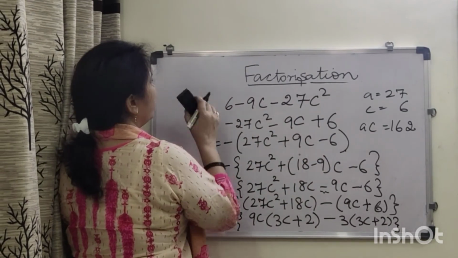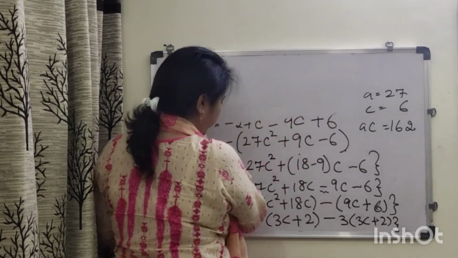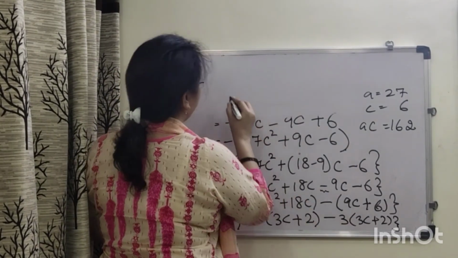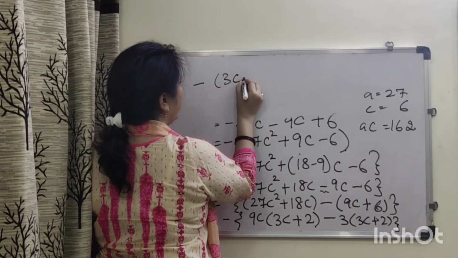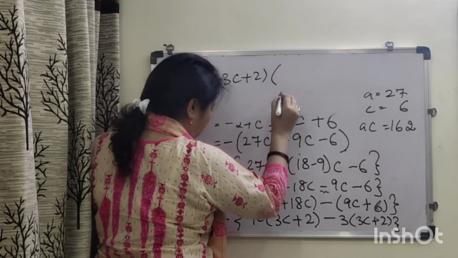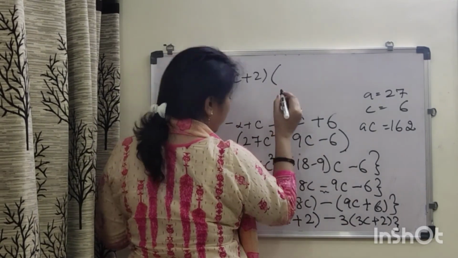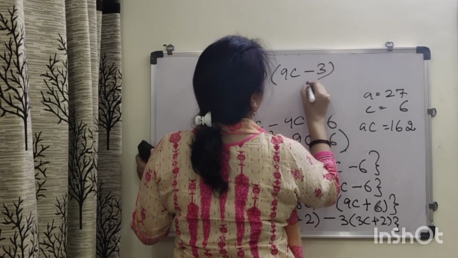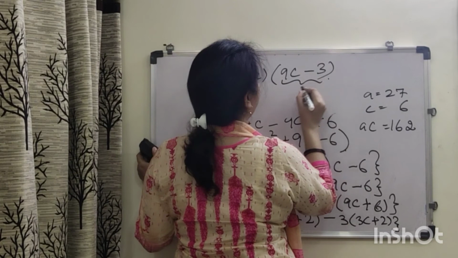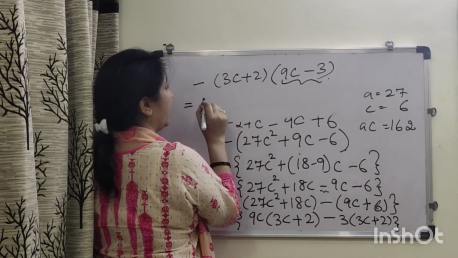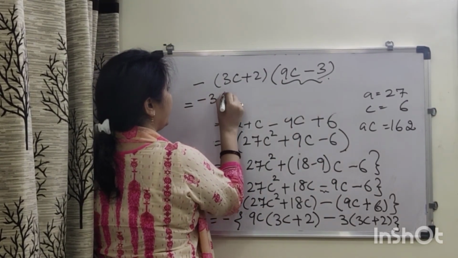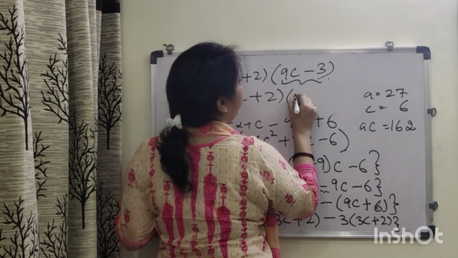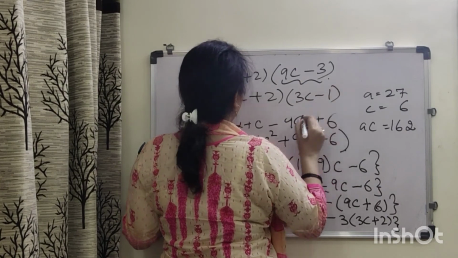So final answer is minus times, your common binomial is 3c plus 2, you write 3c plus 2, and left over is 9c minus 3. And again from 9c minus 3, children, you can take 3 common, so it is minus 3, 3c plus 2 and 3c minus 1.